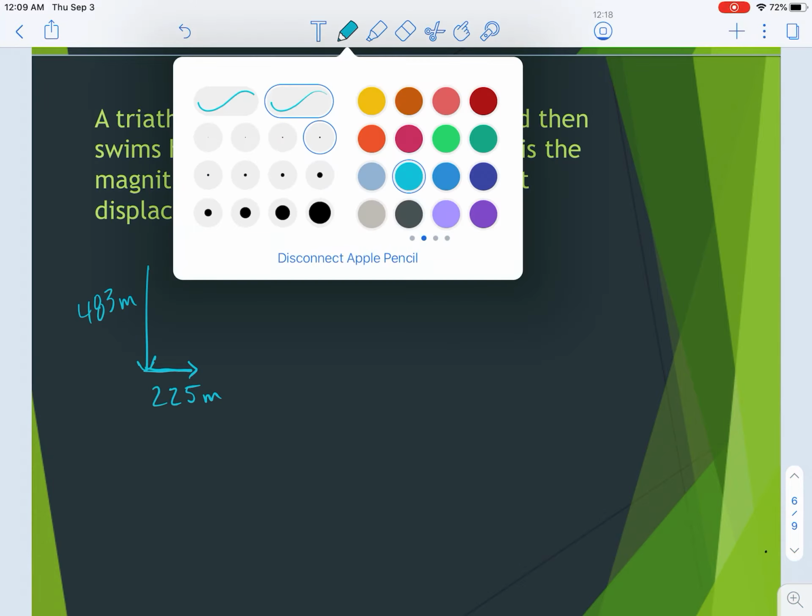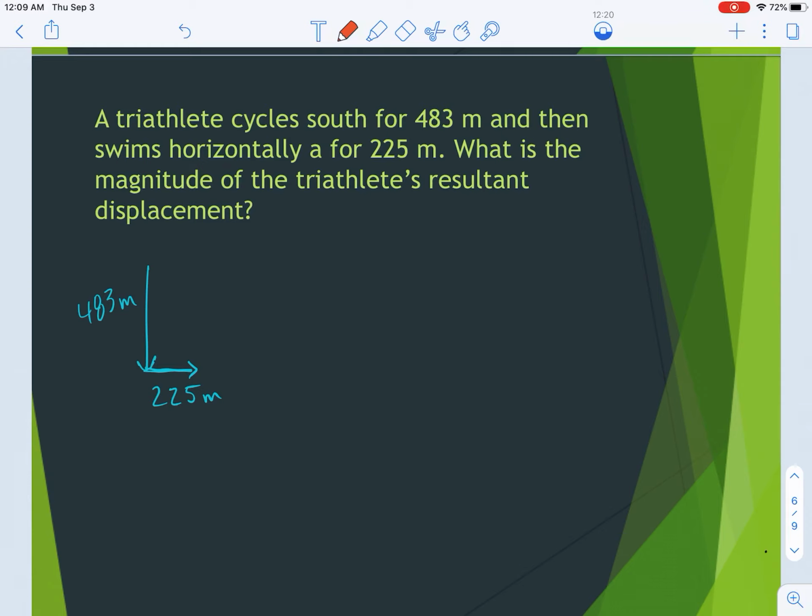My resultant then is going to be the overall outcome after I've combined these, and so here is my resultant piece. Now, if I'm trying to calculate this, I'm obviously going to be using the Pythagorean theorem because I have two sides and I am just missing the third side. So I'm going to say a squared plus b squared equals c squared.